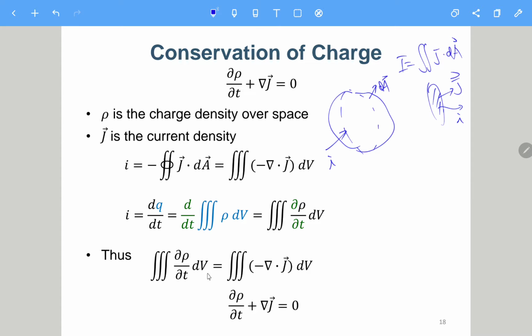So finally we have, okay, this is a typo mistake. It should be like this. Finally we have partial rho partial t equals negative divergence of J. And then we move this one to the left side. We have partial rho partial t plus divergence of J equals 0. And this is actually the conservation of charge.